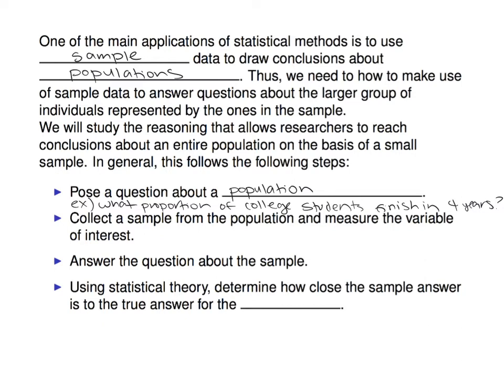Then collect a sample from the population and measure the variable of interest. So if you're going to test that first question, you'd want to sample college students from lots of places. Answer the question about the sample, and then using statistical theory, determine how close the sample answer is to the true answer for the population.